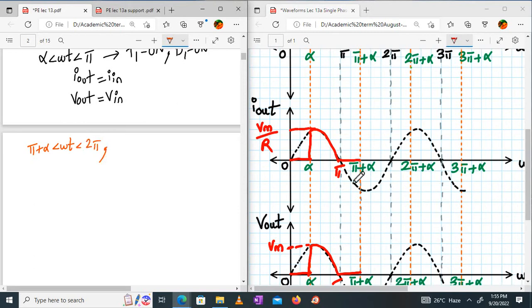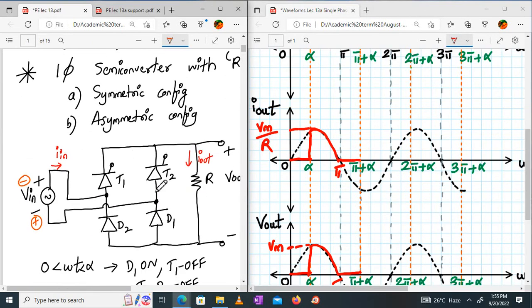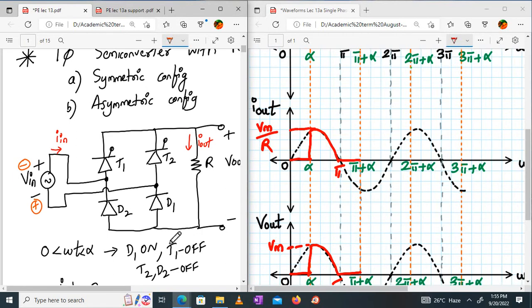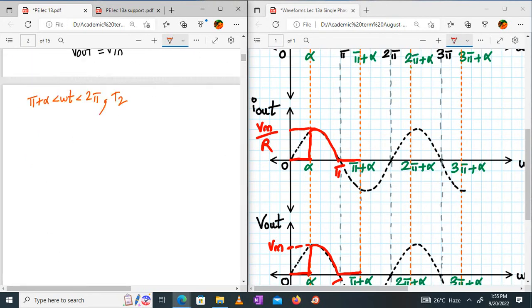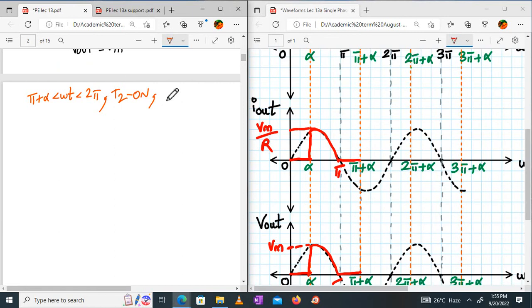You enter a negative half cycle completely. Now T2 is turned on. T2 is already on. T1 and T1 are off, right? So what will happen now? What will happen? T2 is on because you applied the trigger pulse.